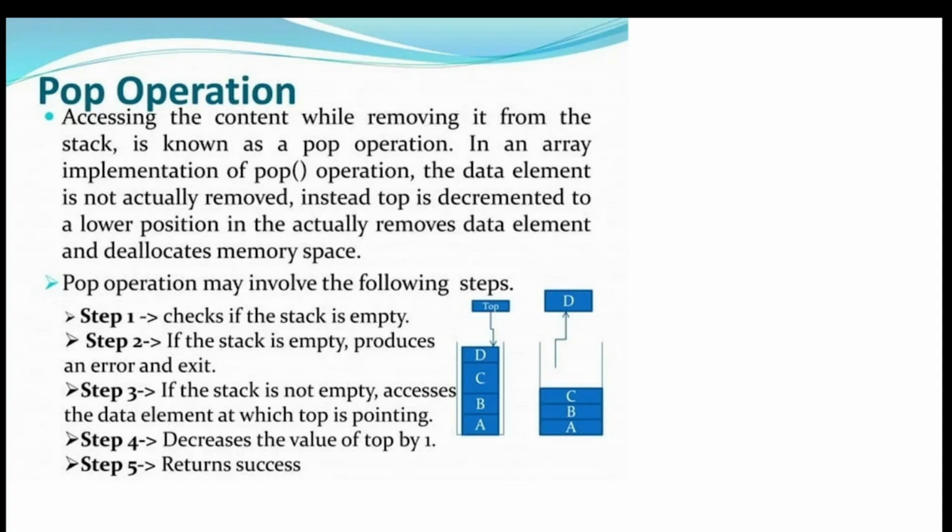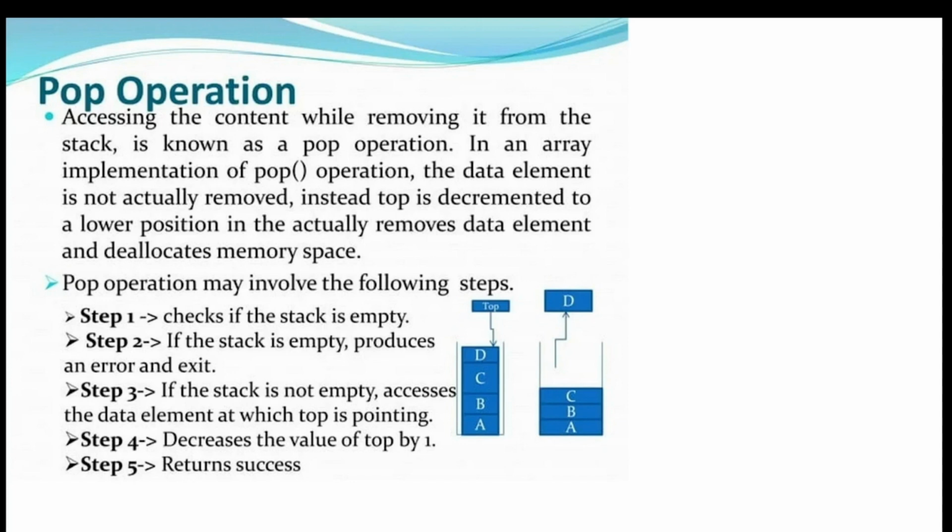Step 1, check if the stack is empty. Obviously, it will first check whether the stack is empty or not. Step 2, if the stack is empty, produce an error and exit. When the stack is empty, there is nothing to be discarded from the stack, so it will generate an error and exit.